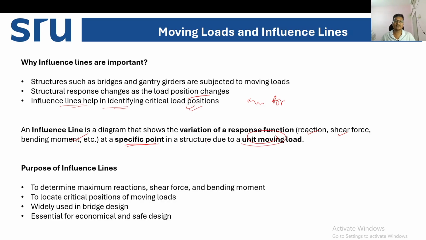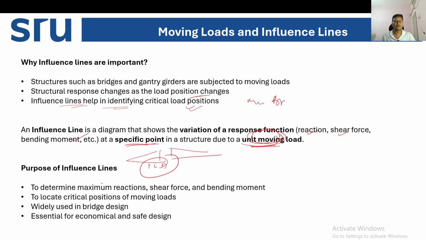Whatever the load is, we consider it as a unit moving load, and due to this unit moving load, we look at the variation in the responses. If we plot those variations, then we can call it an influence line diagram.